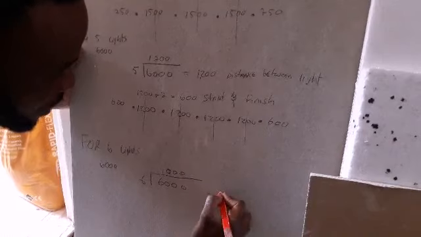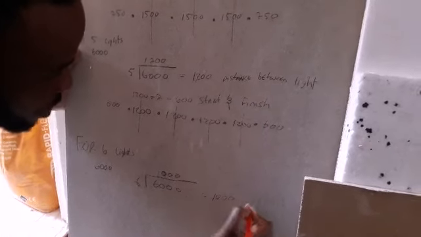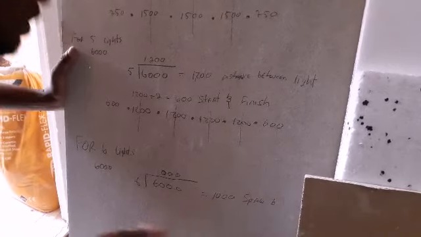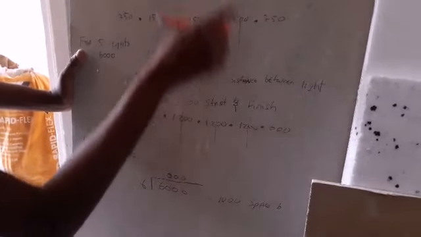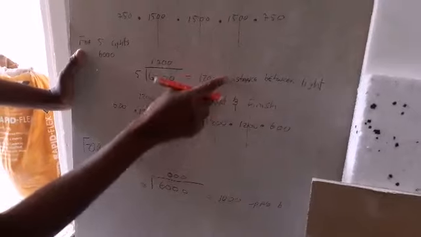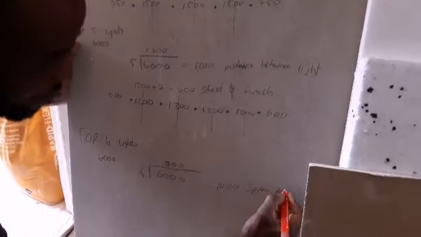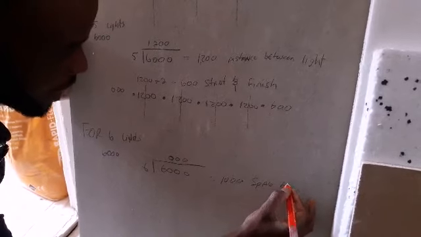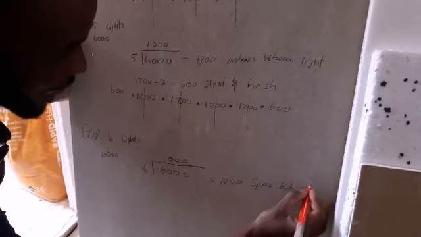Yes, the space in between lights is 1000. That is the space. Space and distance is actually the same. Let's say SBL, space between lights.